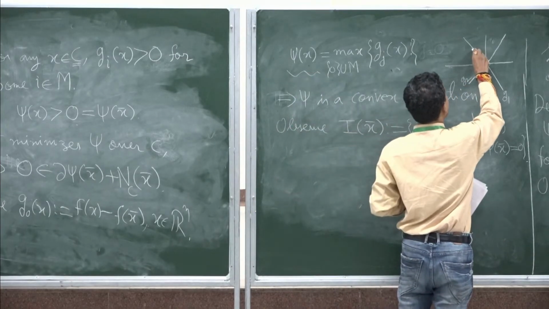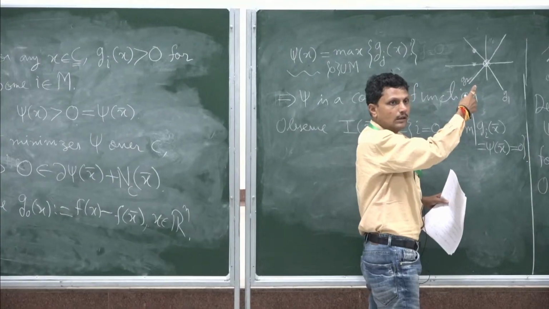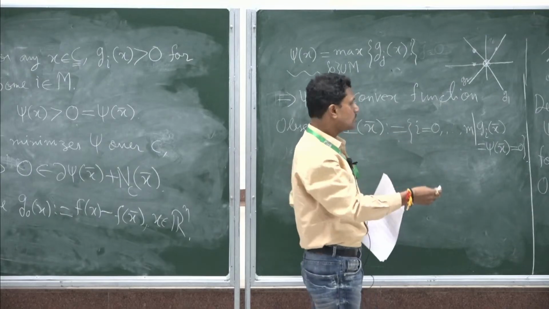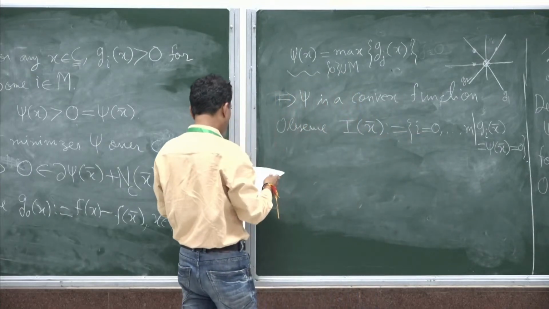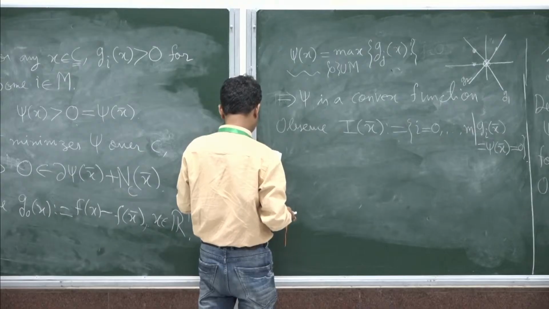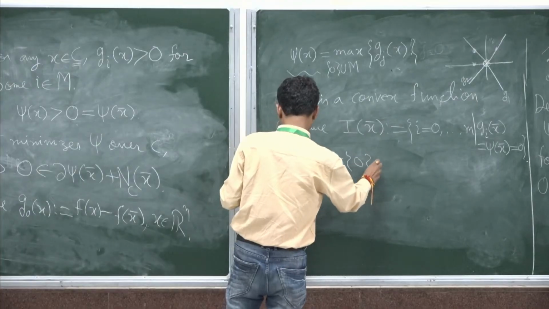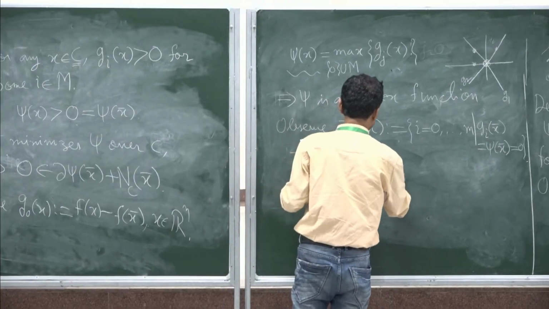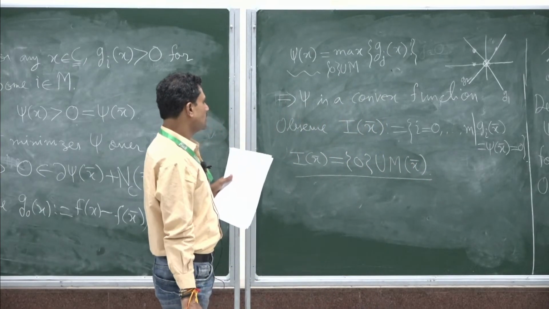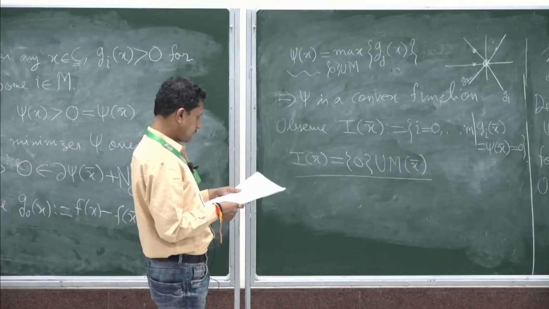But at this point it contains the value of g1 only, so you take 1. At this point it contains the value of g2 only, so it takes 2, right? Like this we have to work out this index. So I of x bar is equal to 0 union M of x bar, which we defined earlier, including 0. 0 is the first index, which is associated with the objective function, right?